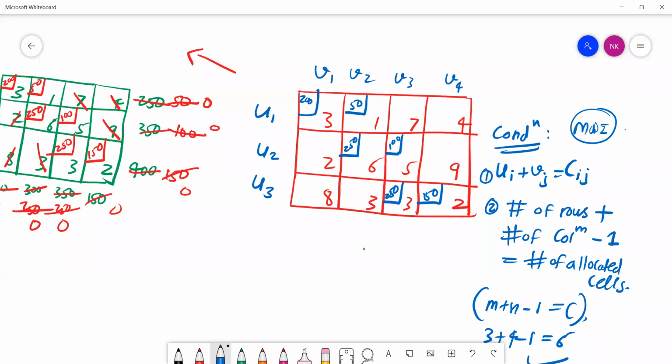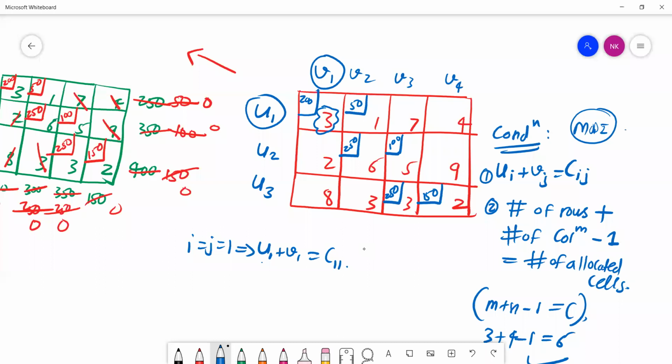Cij. So if I am saying that Ui, i and j can be any value. If I say i, j both are equal to 1, it's nothing but U1 plus V1 equal to C11. Now U1 is this one, V1 is this one, and C11 is this one.